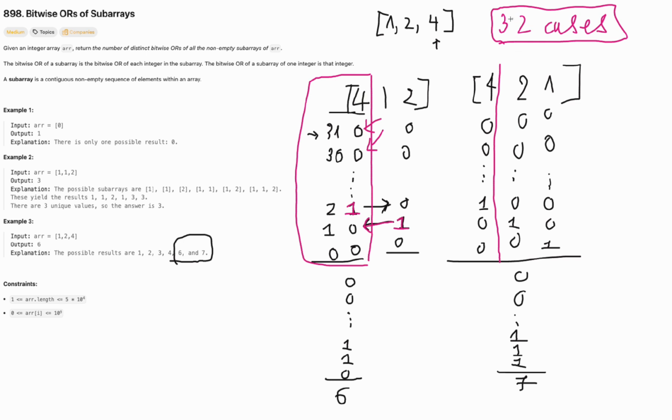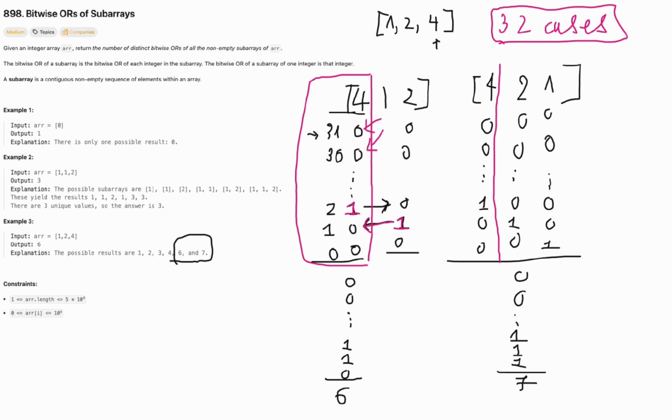And the worst case of 32 means that all of the numbers here are 0, and we keep ORing with new numbers in the future, and each 0 will be replaced by a new bit 1.